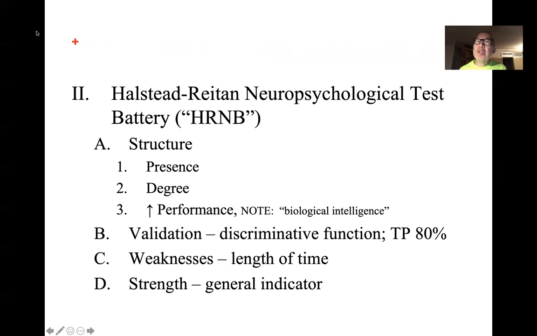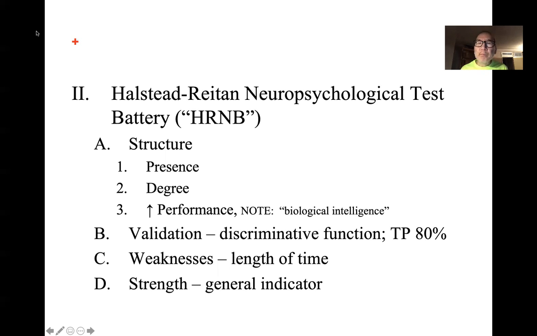All right. Interestingly enough, the reason why the Halstead Reitan is really good for performance visual spatial stuff is that it was actually invented or put together by psychologists who were interested in trying to develop a biological intelligence test. One less based on verbal abilities, but more based on inherent visual spatial kind of abilities, often referred to as performance abilities.